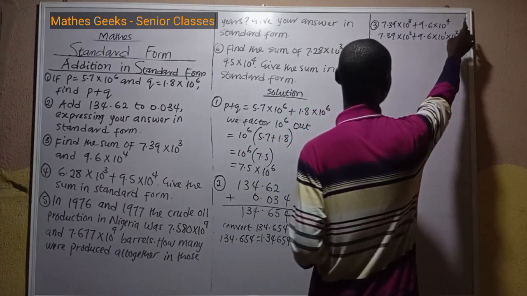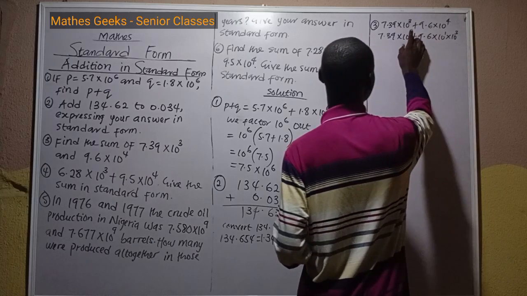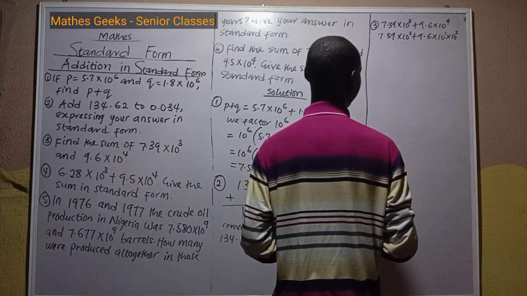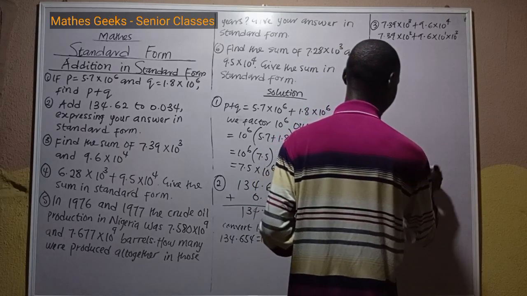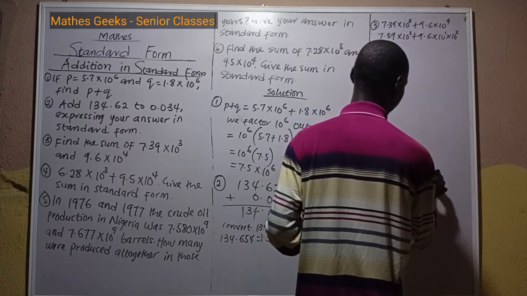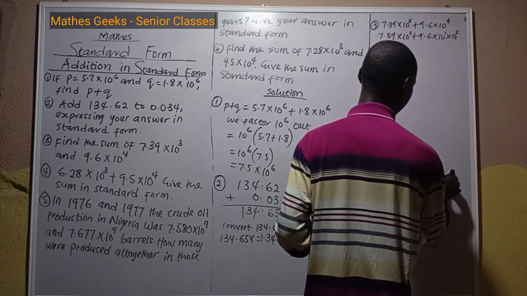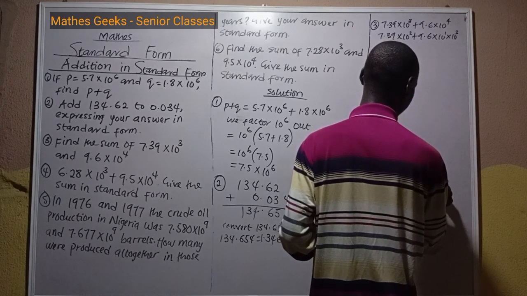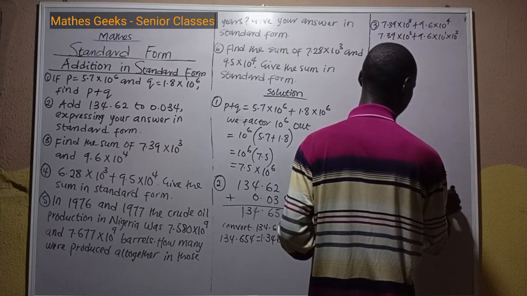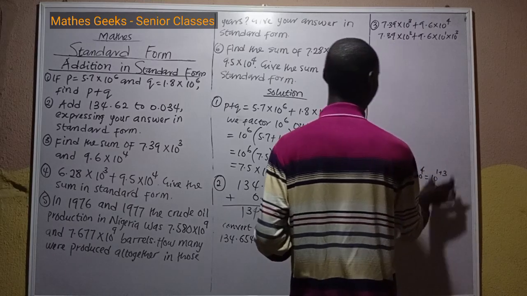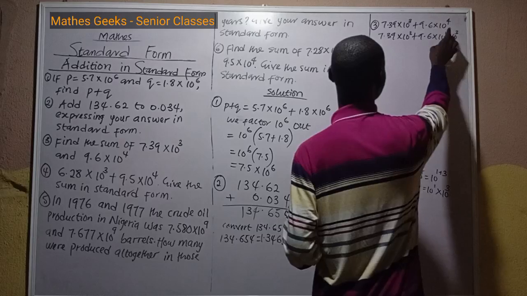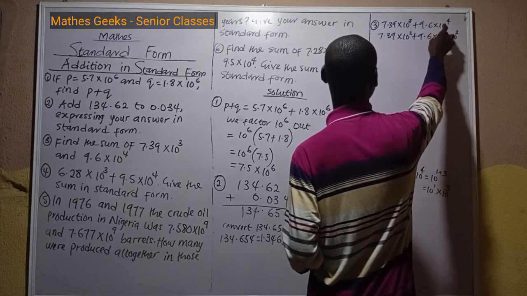Why are we doing this? So that the two powers will be the same, and then we can factor the power out since they are the same. Remember from the indices, 10 raised to the power 4 is also equal to 10 raised to 2 plus 2, and its multiplication is 10 raised to 2 times 10 raised to 2. So that's what I did here. So with this 10 raised to the power 2, it means I should move this decimal point forward.